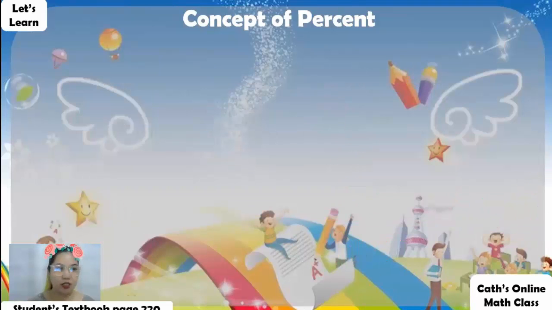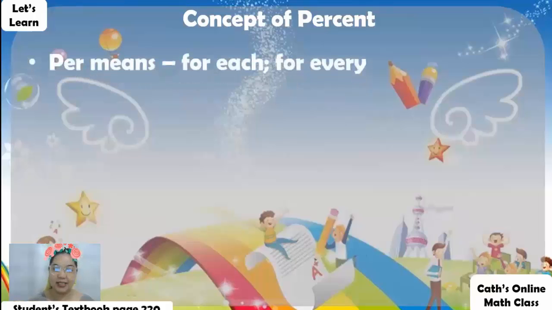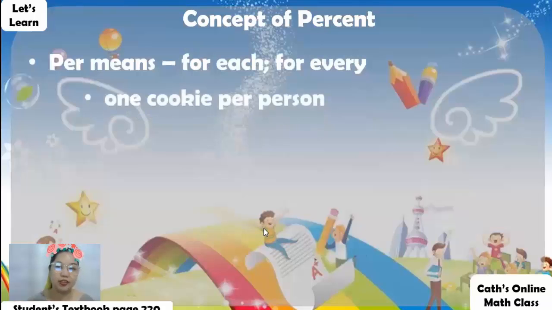Now, what does per mean? Per means for each or for every. So instead of saying for each or for every, you just say per. Just like this: 1 cookie per person.